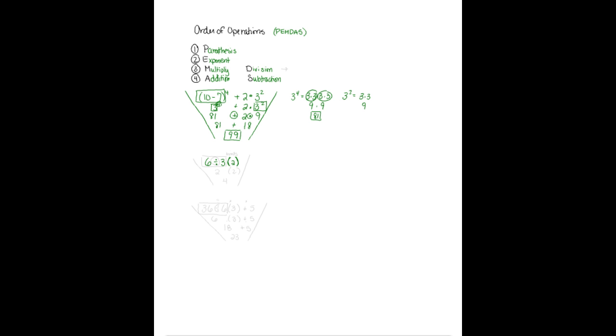So when I read this problem, I see it as 6 divided by 3 times a 2. Even though it's a parentheses, it's not the same thing as step number 1 in the order of operations. You're not going to deal with the 3 times 2 first.